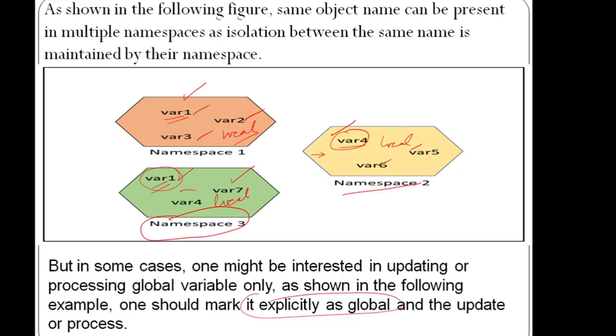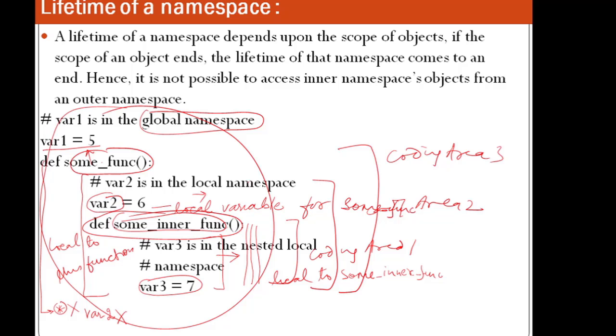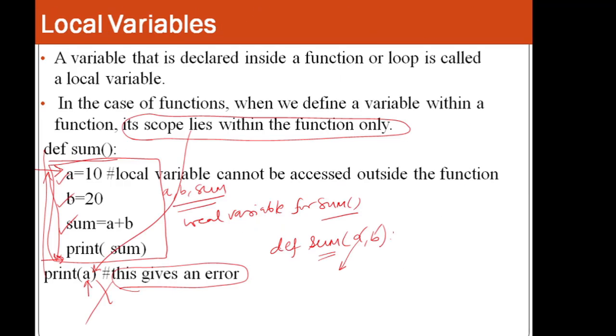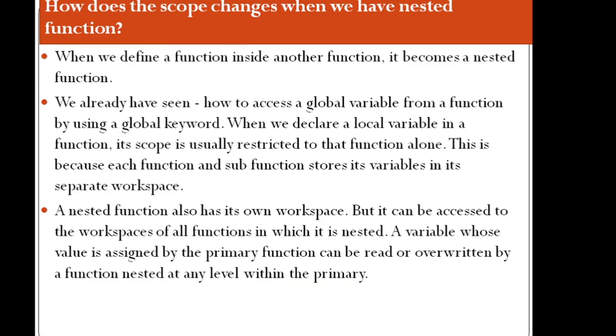Right. So let's go back again. All the variables that are related to this sum underscore func, they will have their own namespace, and all the variables of this inner function, inner underscore func, they have their own namespace. So namespace 1, namespace 2, right?